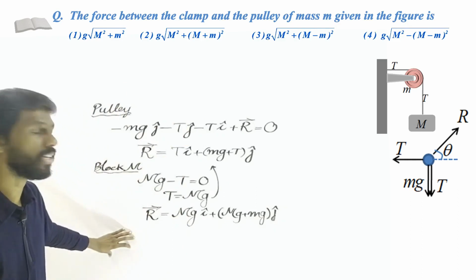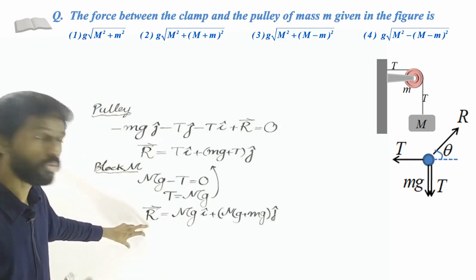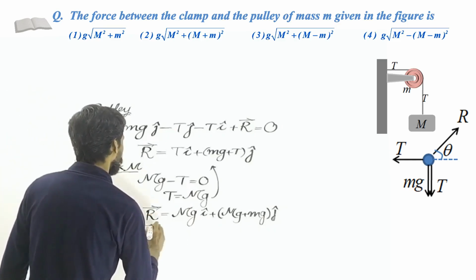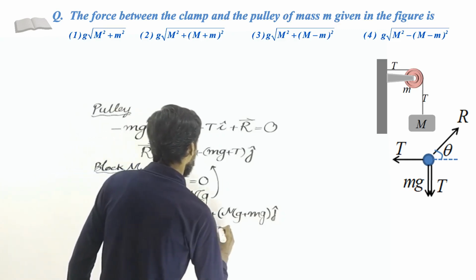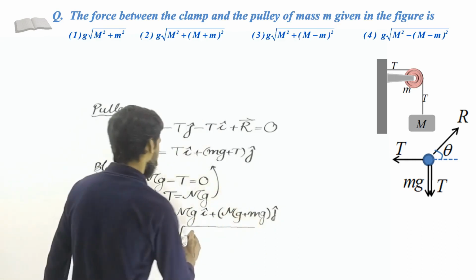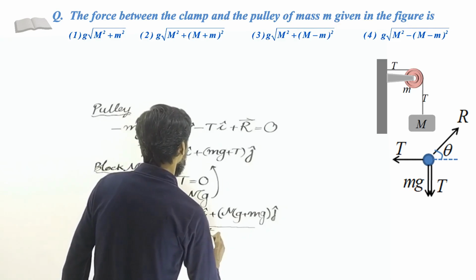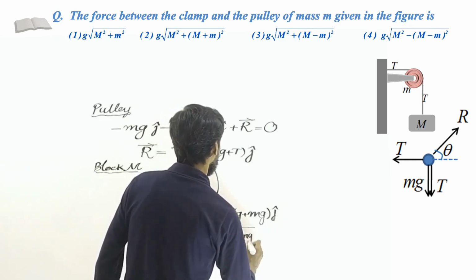But if you just need the magnitude of the force, we can simply take the magnitude of this vector. So the magnitude of this R vector equals the square root of this square plus this square. So we'll get (mg) square plus (mg plus mg) square.